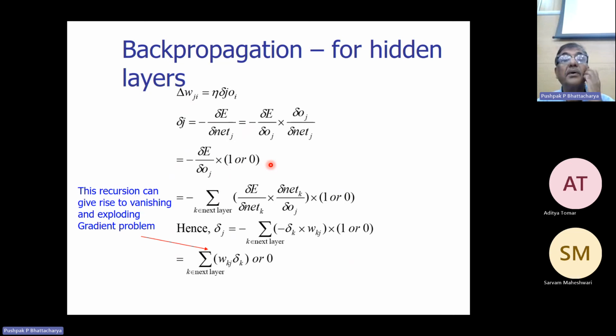Okay. So for hidden layers, we are using ReLU neurons. So doj/dnet j is going to be 1 or 0. Which is equal to minus sum over k in the next layer neurons, of dE/dnet k into dnet k/doj into 1 or 0, which is minus the summation of backpropagated deltas, or 0.